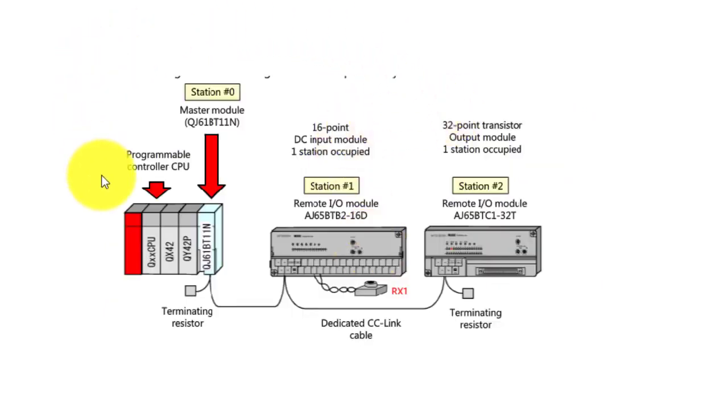You can see one picture. In this lecture I will tell you about the programming of this communication system and the wiring of this system. This is the programming CPU, and this is our CC Link communication module, the QJ61BT11. These are easily available in the market, and you have to use this module for CC Link communication.